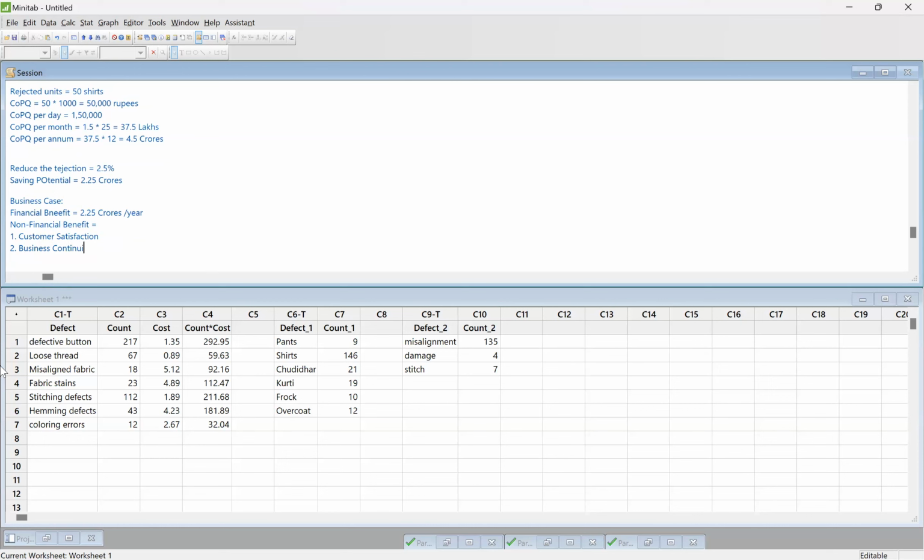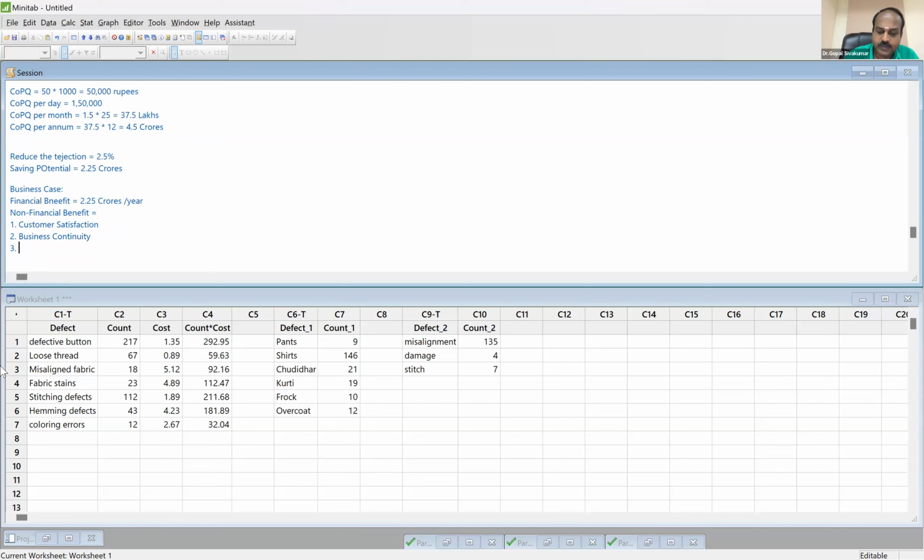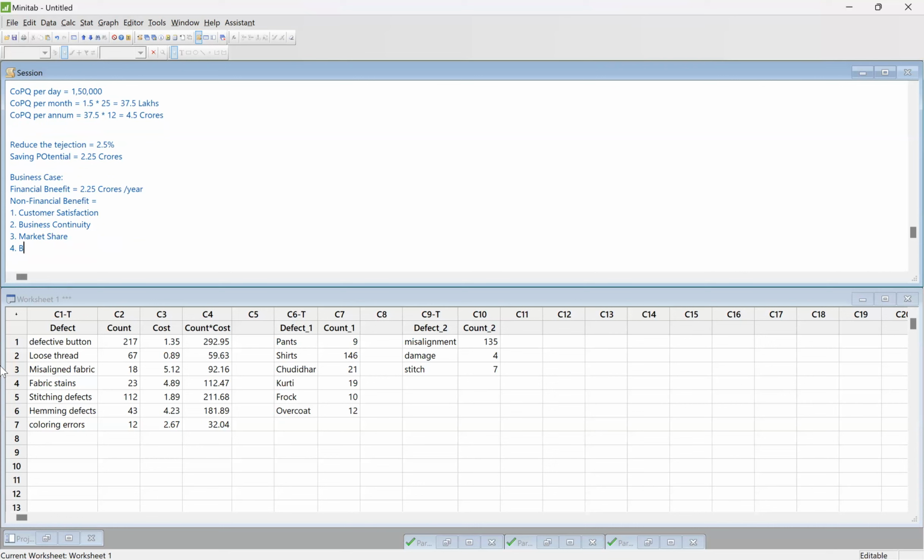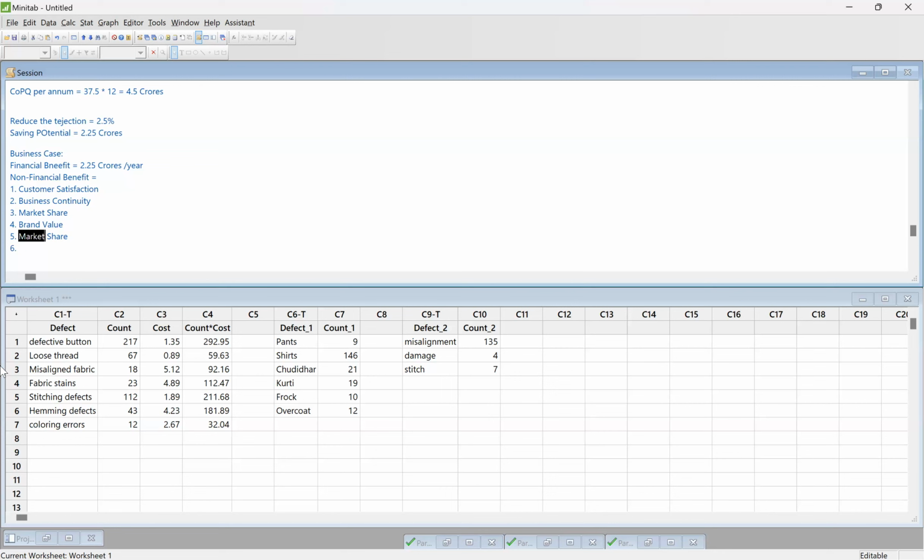Time will be saved. Quality improvement. Brand goodwill, brand value will go up. Production capacity increases and production will be more.